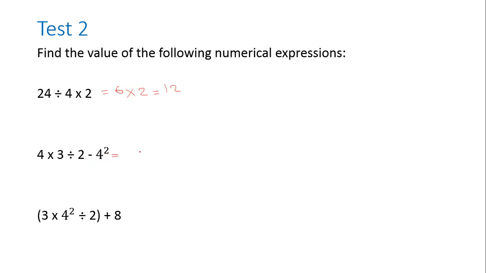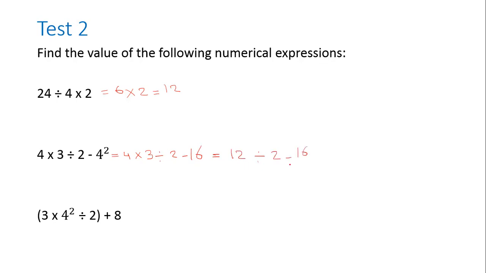So we get 4 multiplied by 3 divided by 2 minus 4 to the power of 2 is 16. Now we have multiplication, division, and subtraction. So we start with the multiplication, then the division. So this gives us 12 divided by 2 minus 16.